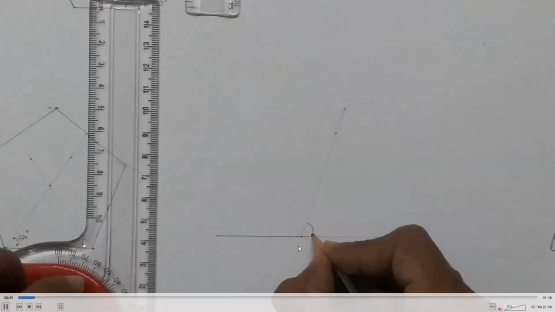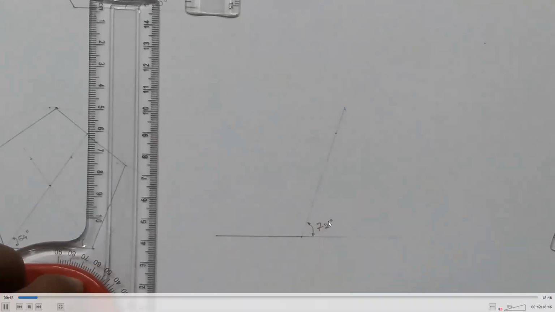So first take the distance that is equal to 40 and take the angle 72 degree.